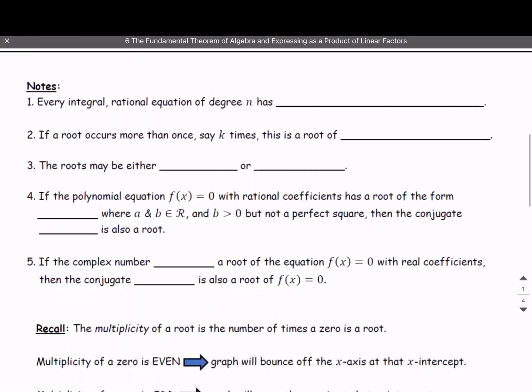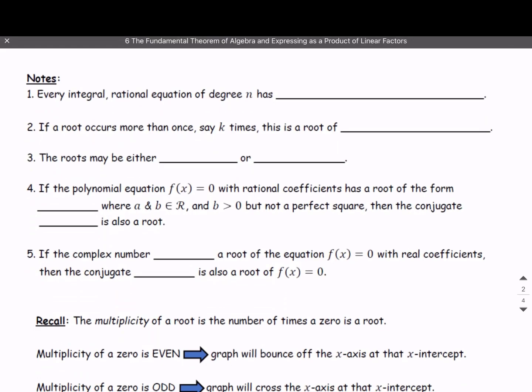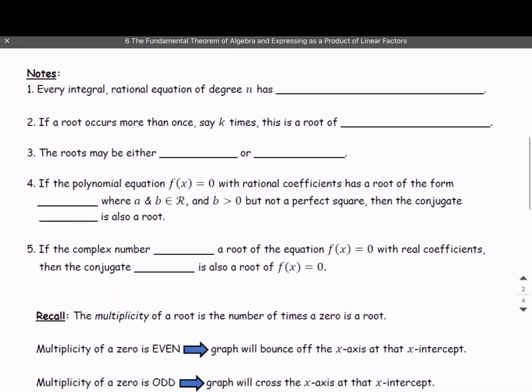Now, a couple of notes that are really important to know. So we know that every integral rational equation of degree n has exactly n roots. Okay, 10th degree has 10 roots. If a root occurs more than once, say k times, this is a root of multiplicity k. Okay, so if the root occurs 3 times, it's a root of multiplicity 3.